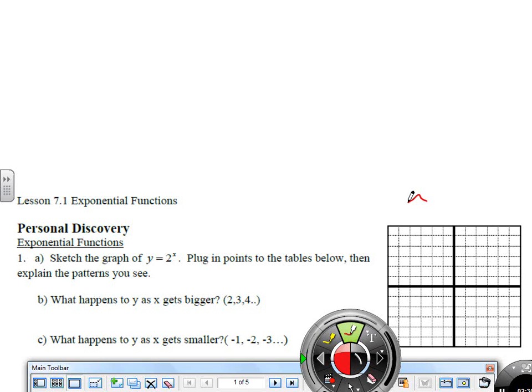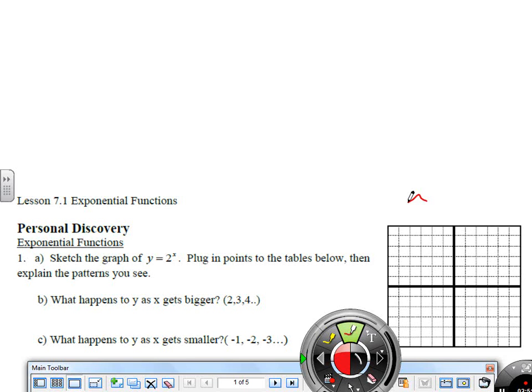Now I want you to scroll back to 0 and then scroll along your table in the direction as x values get negative. So what happens to y as x goes from -1 to -2 to -3 to -4? Okay, they're getting divided by 2.